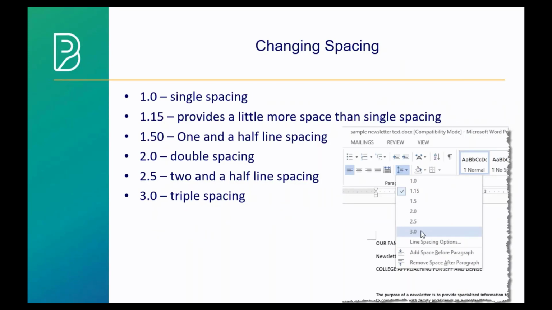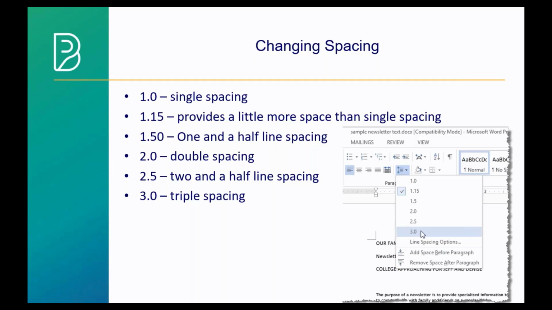The line spacing options allow you to change the amount of space between lines in a paragraph. And you can also add extra space before and/or after a paragraph to give your document a professional look.